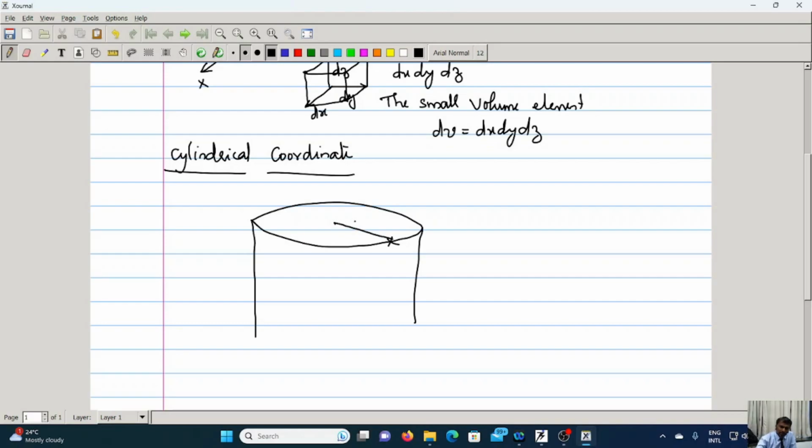One is along the distance r, the radius. Then another along phi. Then another along the distance z. The variables are r, phi and z. Unit vectors are a r cap, a phi cap and k cap, since k is the same for Cartesian and cylindrical coordinate systems.